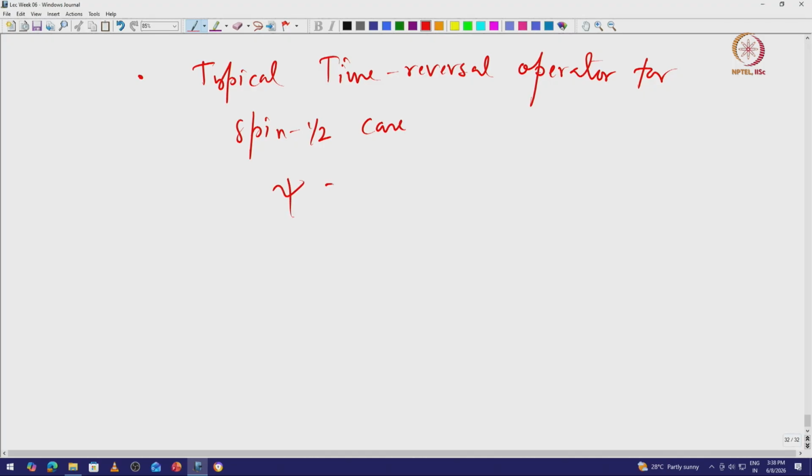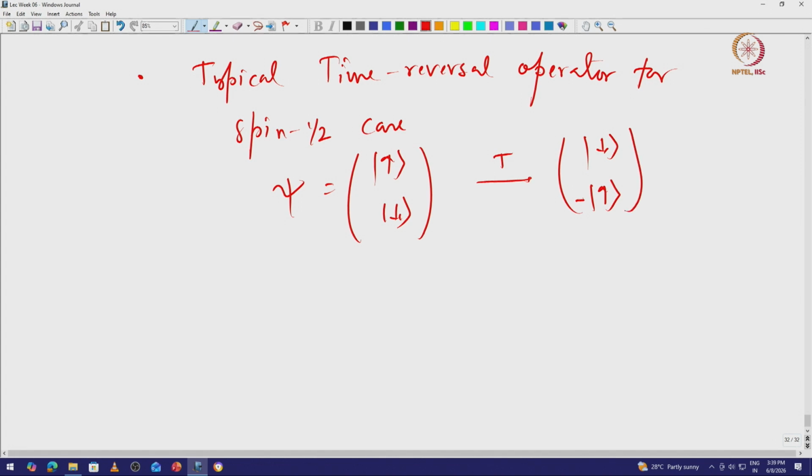So, we would denote it by some up spin and down spin. So, under time reversal we are supposed to get down spin and up spin with a minus sign. So, time reversal, so let us do the first the wave function one.